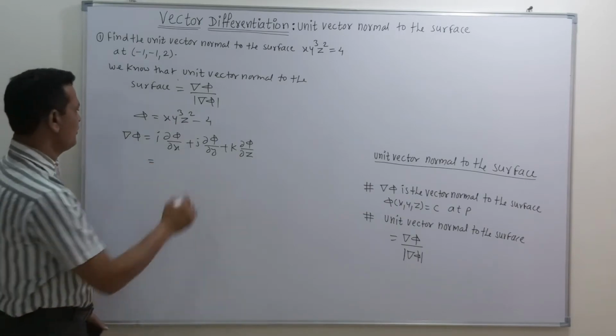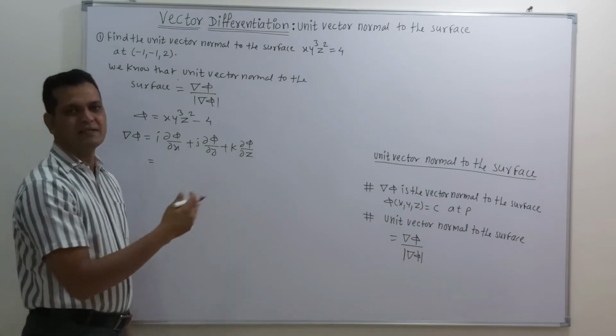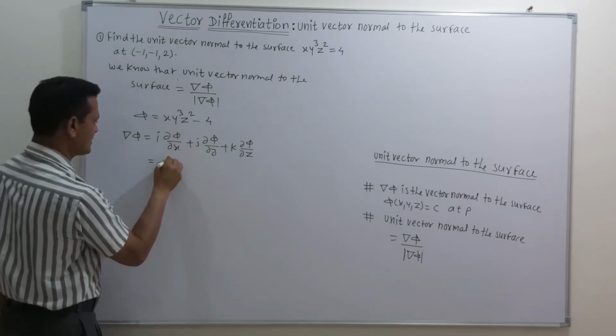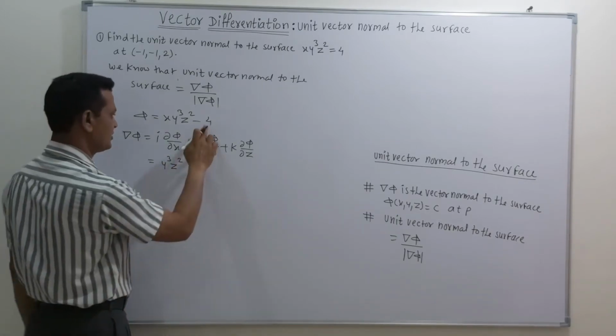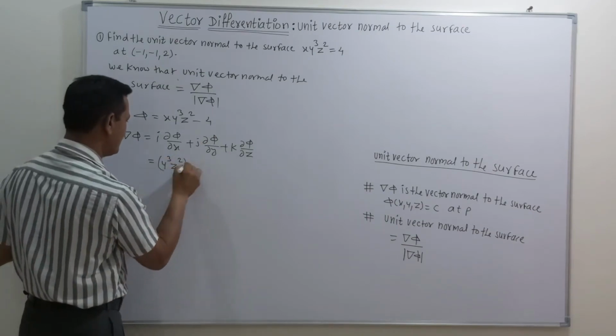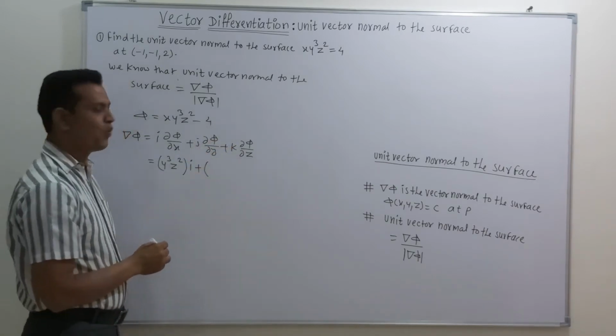Our aim is to find del phi first. If we find the derivative of phi with respect to x, y and z are constant. The derivative of x with respect to x is 1, so the value is y cube z square, which is constant as it is. The other term is again constant, whose derivative is 0, into i. So we can write this as i times y cube z square, plus the partial derivative of phi with respect to y.